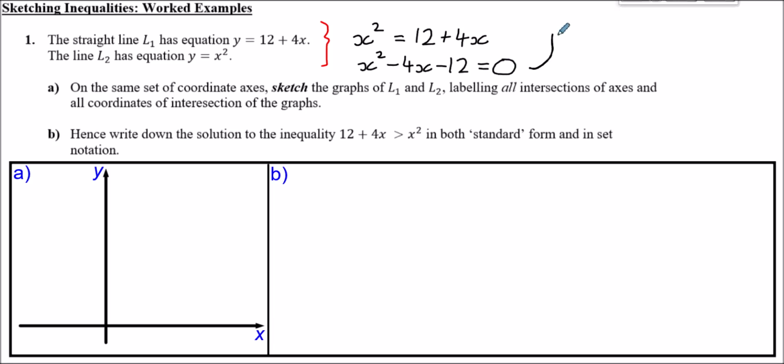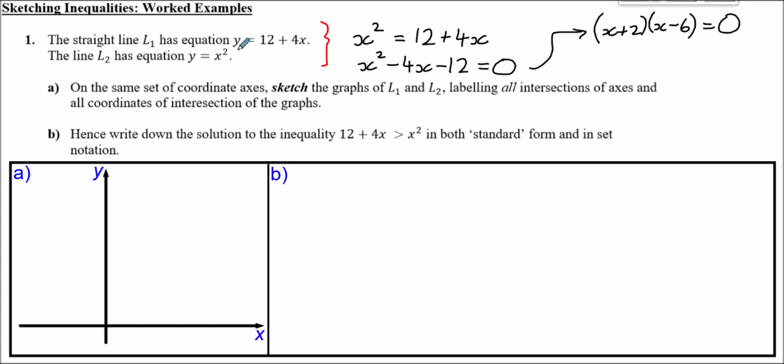What we can now do is factorise this expression on the left by thinking of two numbers which multiply to give us minus 12, yet when we add them together give us -4. And those two numbers are going to be +2 and -6. And so x plus 2, x minus 6 is equal to 0.